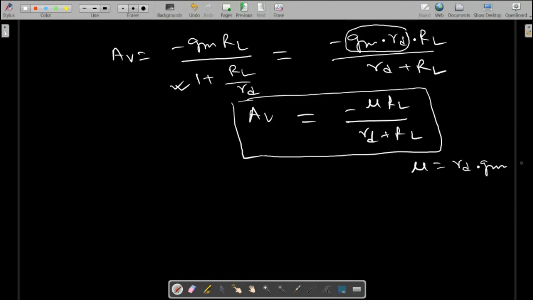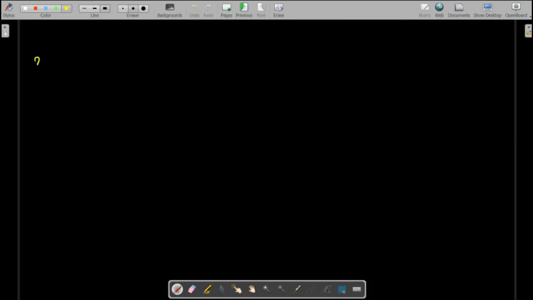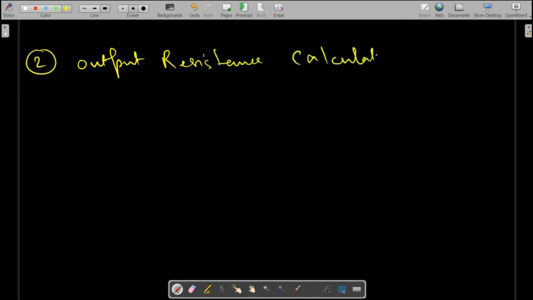Now, if I want to calculate the second part, that is output resistance calculation. How to calculate this?